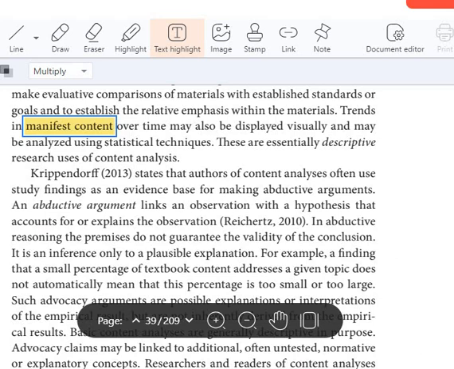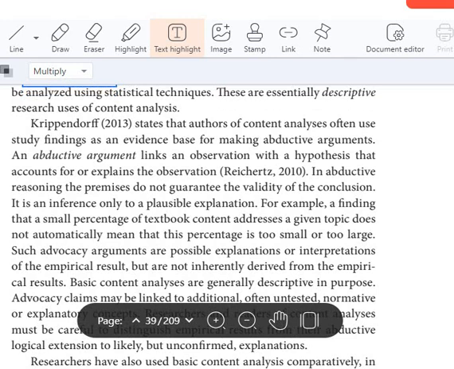Okay, kind of reason and effect, cause and effect, and finding the evidences for it. So this is mainly the research purpose of basic content analysis, that you are comparing, contrasting, trying to find evidences for abductive arguments in order to interpret or to shed light on a certain problem. It might be a social problem, and you want to find solutions for such a problem with the use of statistics.